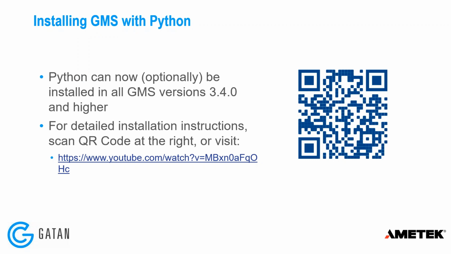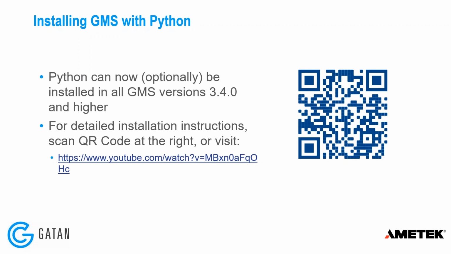I'm also aware that recently the free version of GMS had something very wrong with Python in that version. So if you recently downloaded the free version of GMS in the past month or so, and not in the past few days, I would recommend going back and reinstalling with the very latest version you can get from our website, because there was something wrong, and to be honest, I don't know what it is.